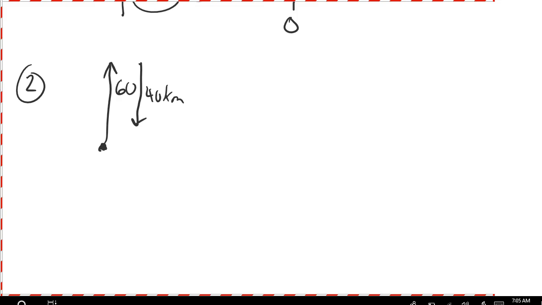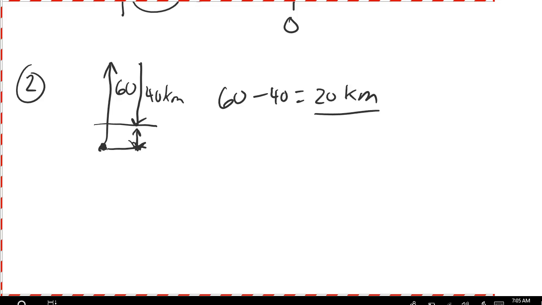So the way to figure this out is, you know that the total displacement is only from this distance here, the difference between the two. So we actually just take 60 minus 40 and we get 20 kilometers, because they traveled in one direction and then they traveled back in that same direction. So the total displacement would be 20 kilometers.